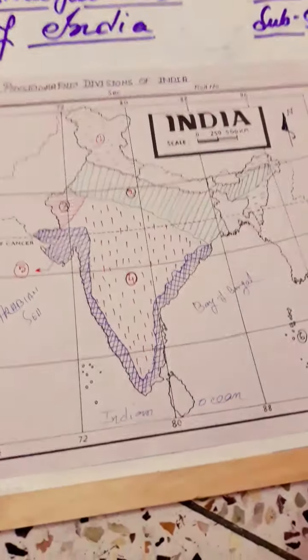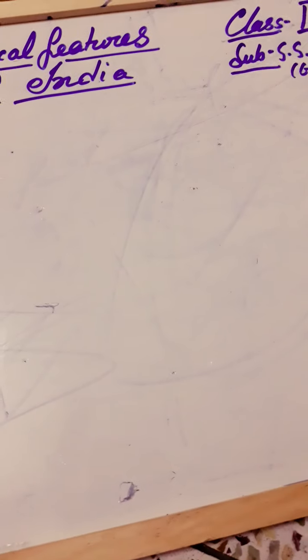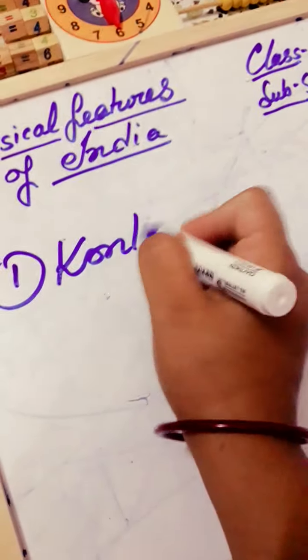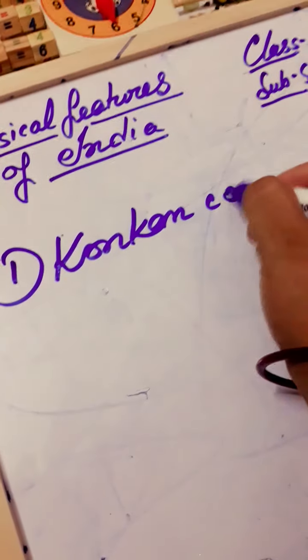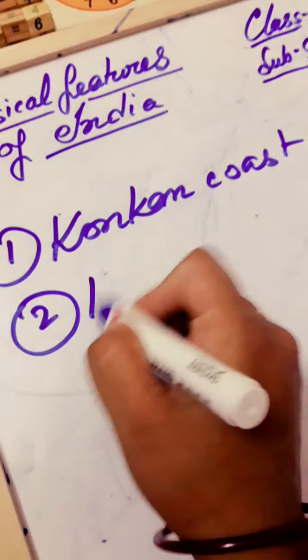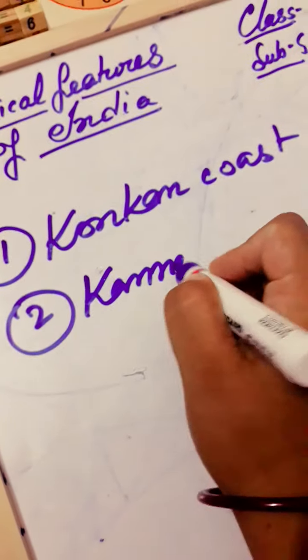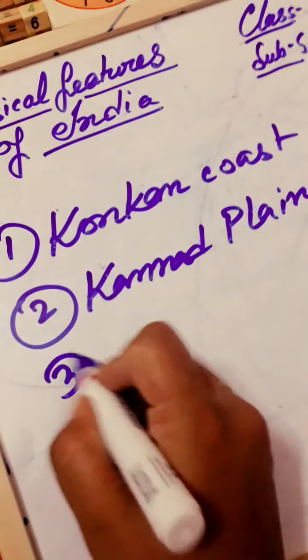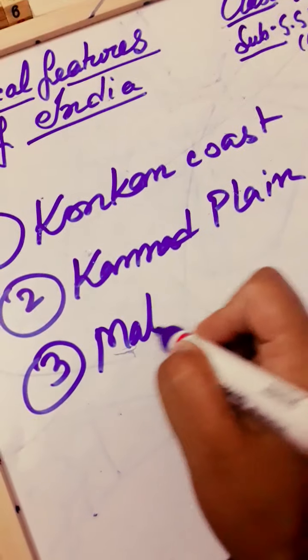So there are three main portions: number one, the Konkan Coast; number two, the Kannada Plain; and number three, the Malabar Coast.